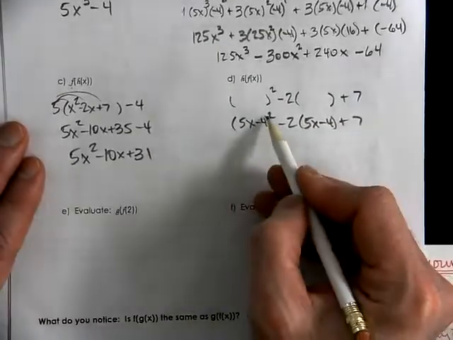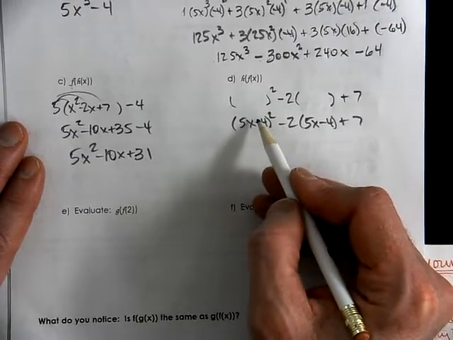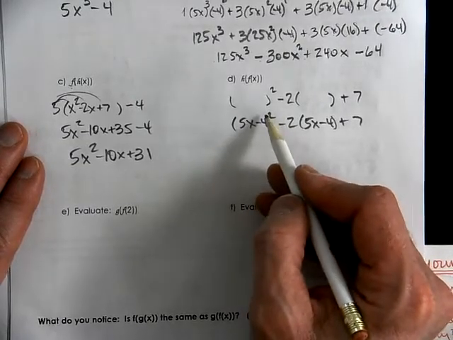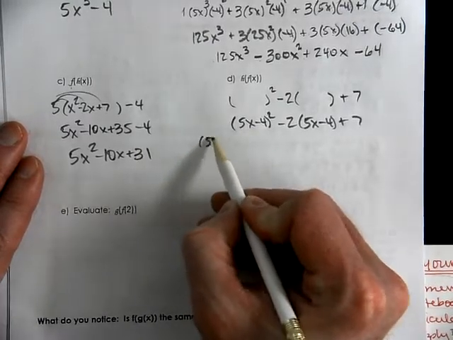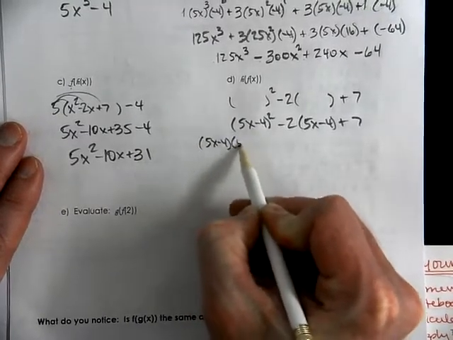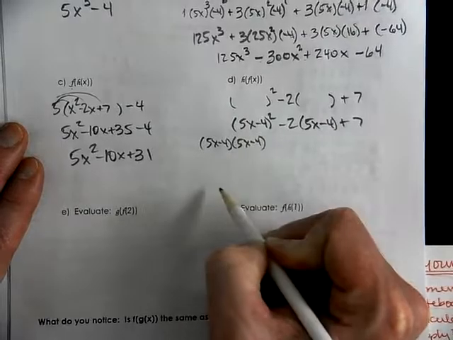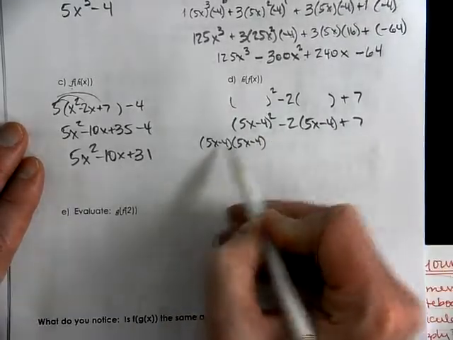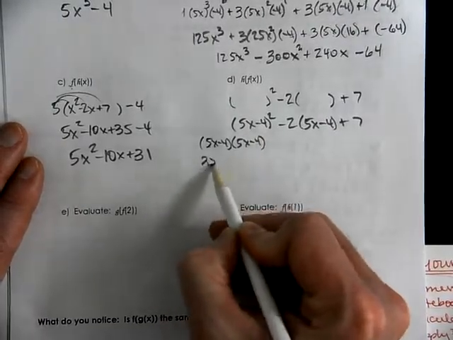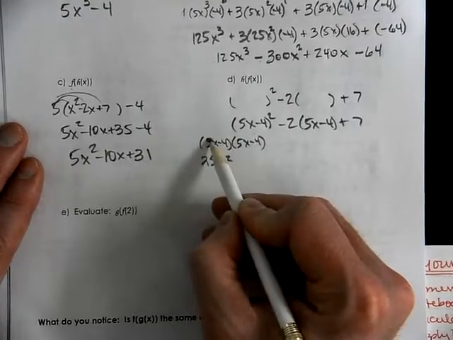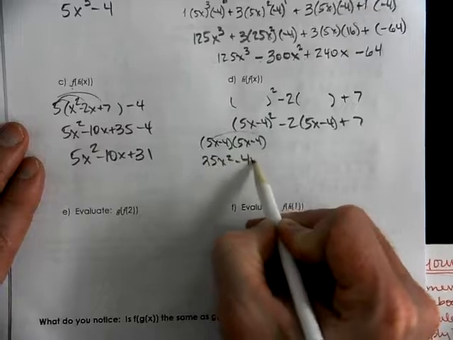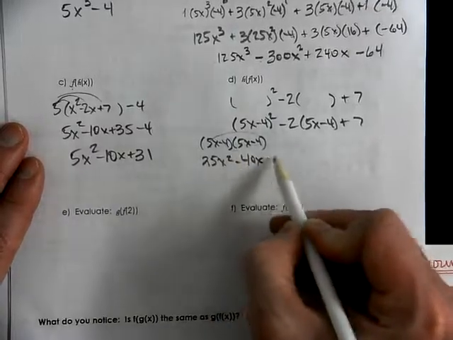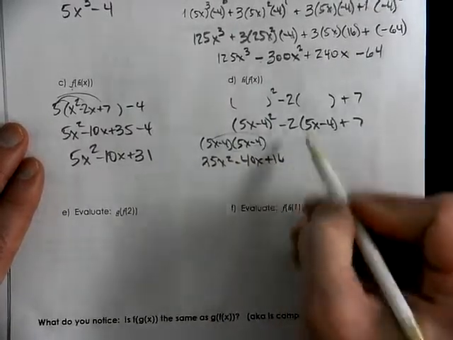Now, for you to be able to square this binomial, remember you have to write it twice. 5x minus 4 and 5x minus 4. That's going to give us 25x squared. You get a 20 and a 20, which is negative 40x, and a positive 16.